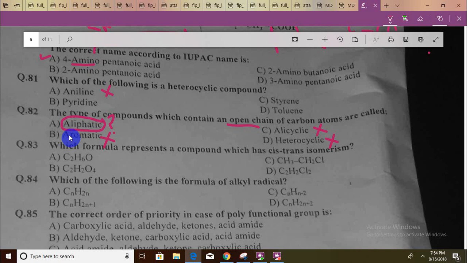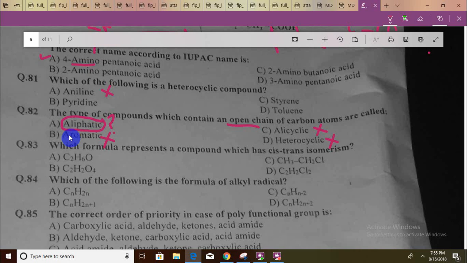Then there are the closed chains, and these contain rings of atoms known as cyclic or ring compounds. We have homocyclic, also known as carbocyclic, and heterocyclic compounds. The classification is given: cyclic, further divided into homocyclic and heterocyclic.